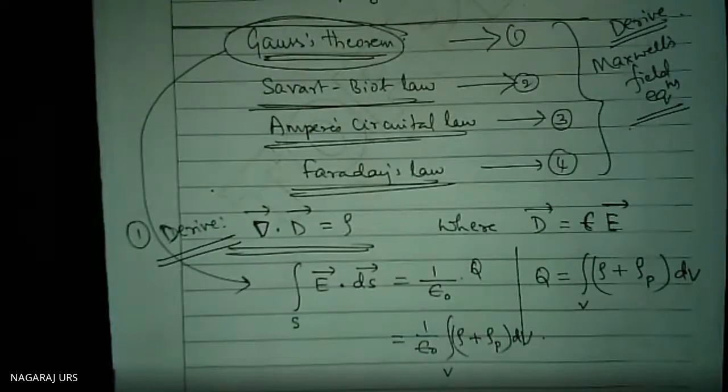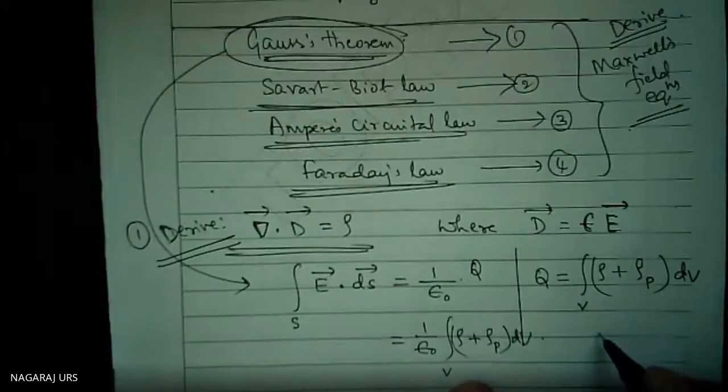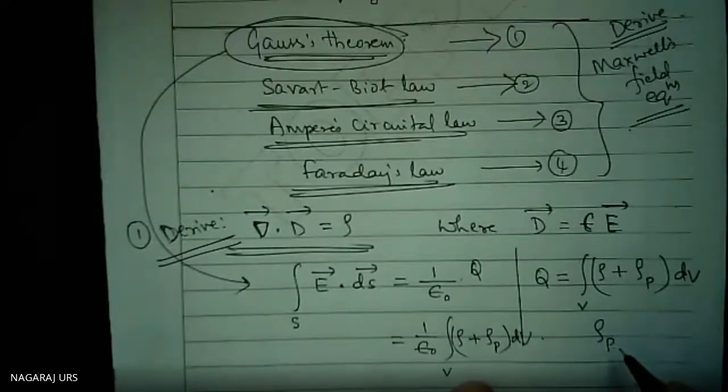See that? Rho P is the density present in the case of charges after polarization, called the polarization charge density.